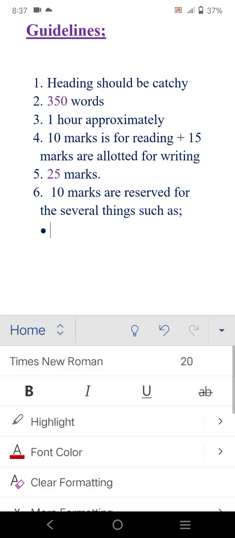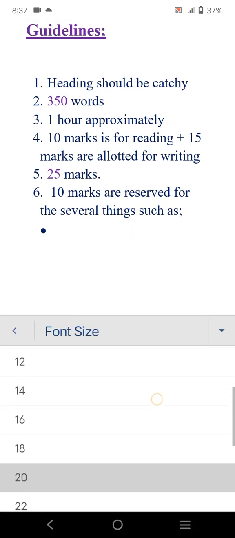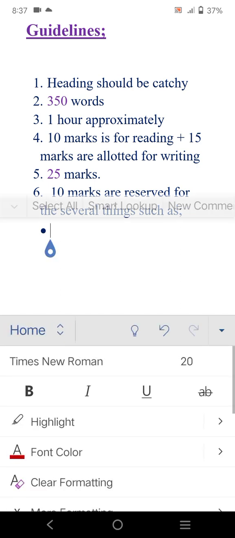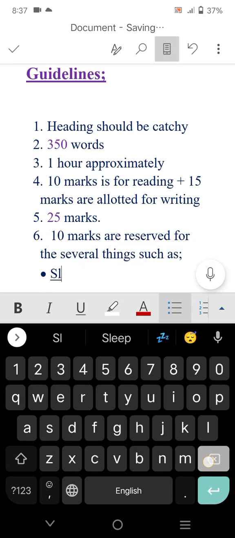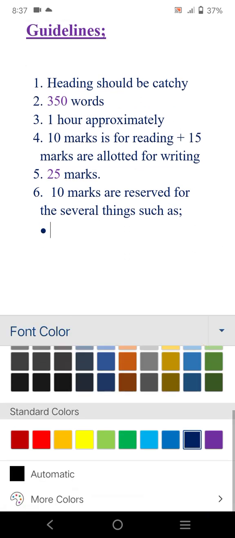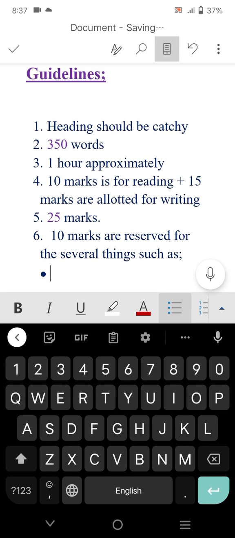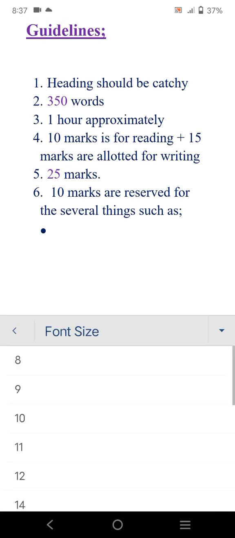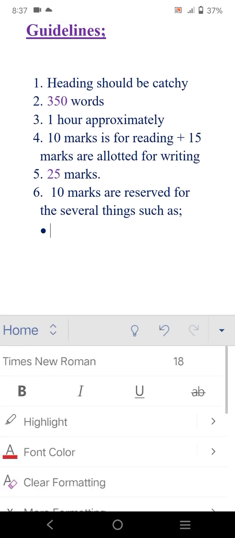Let me minimize the font size. What matters here, in red, and the writing needs to be 18.